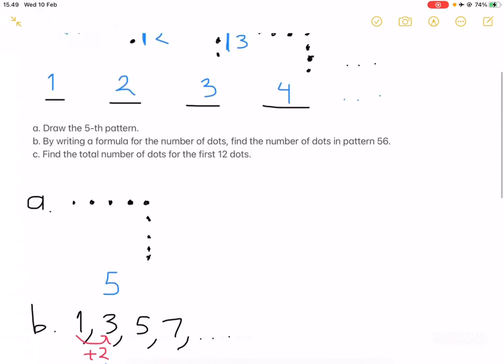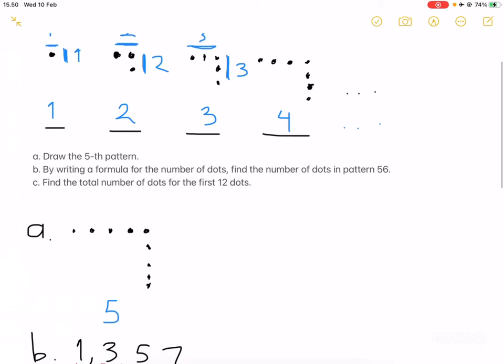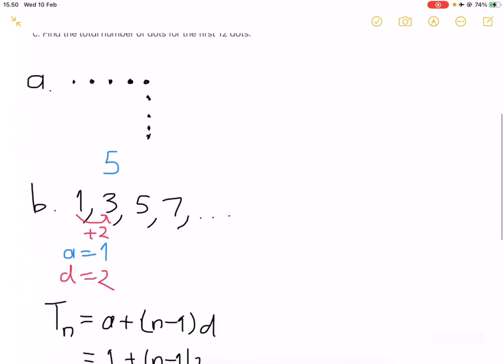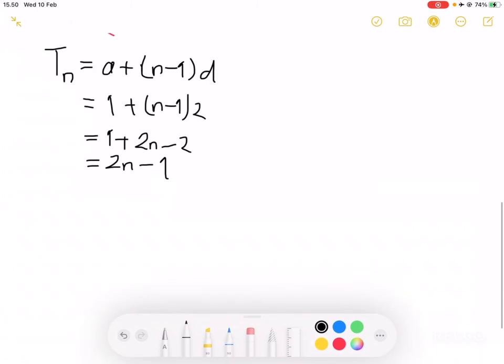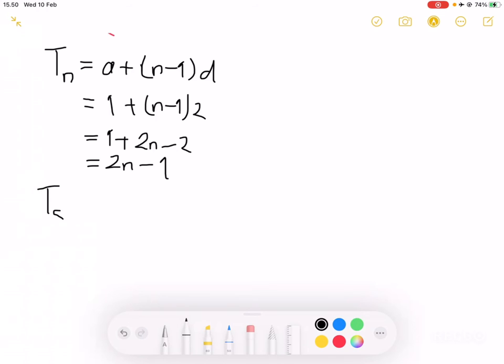Alright, what this is asking, the number of dots in pattern 56. So we can just substitute n equals 56. So we have t of 56 is equal to 2 times 56 minus 1. This will become 112, and therefore this will be 111. Pretty nice that this ends with 111.